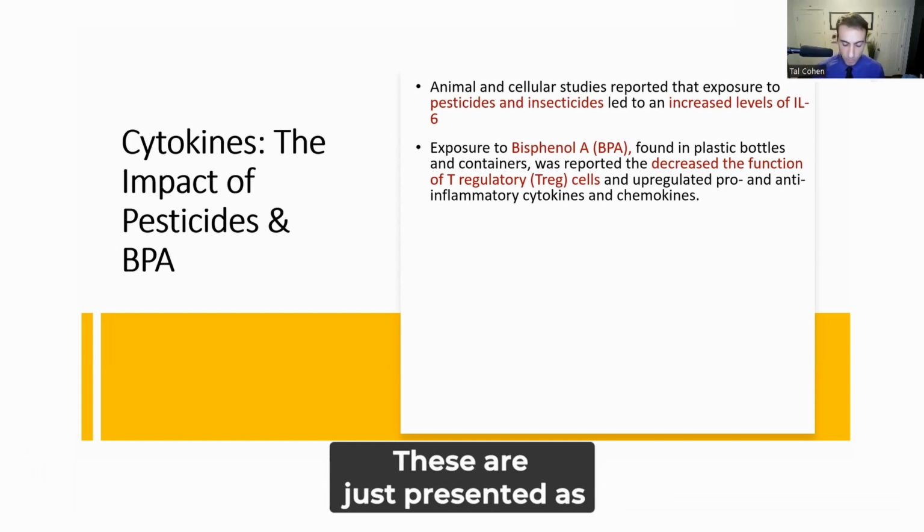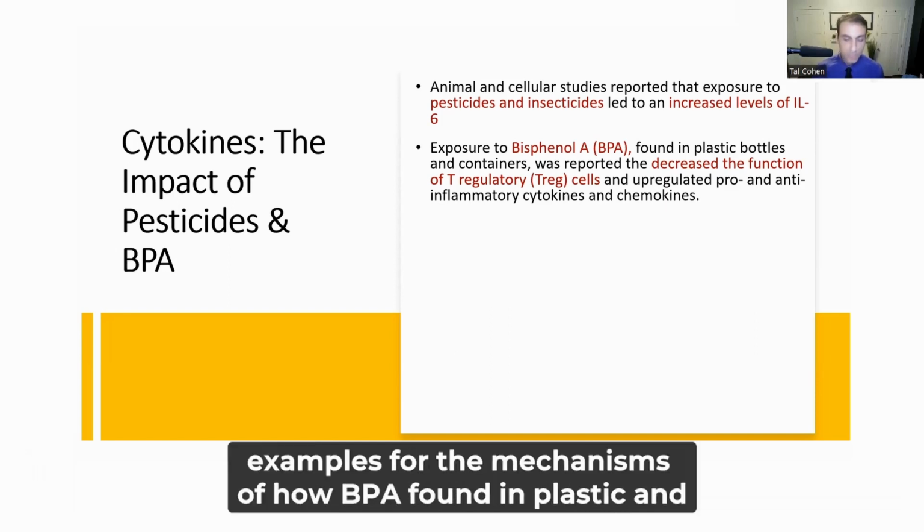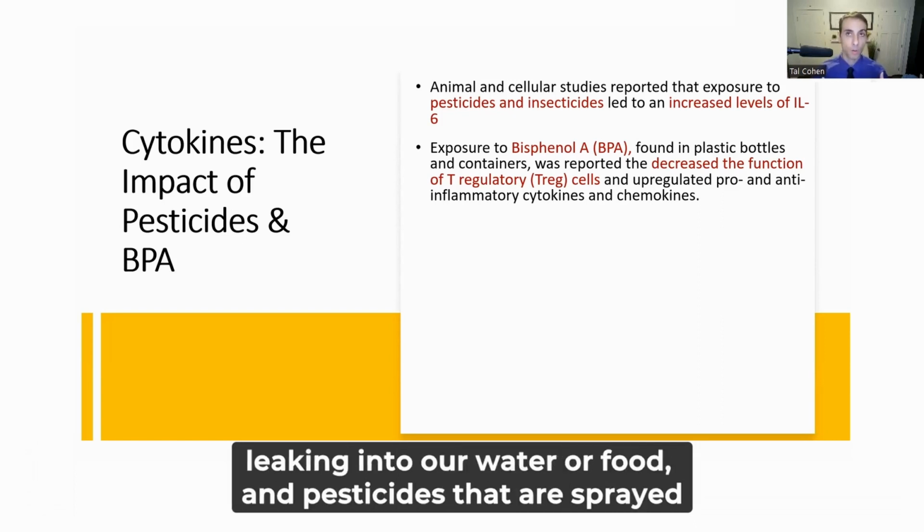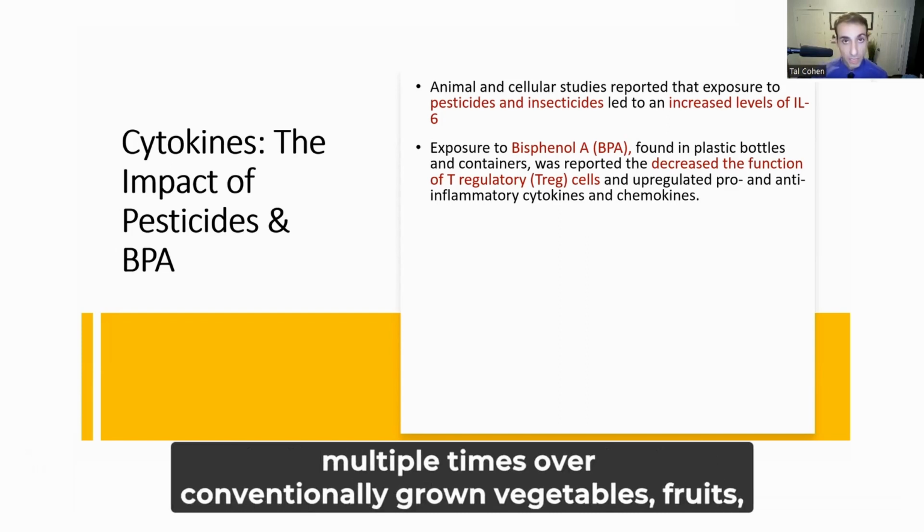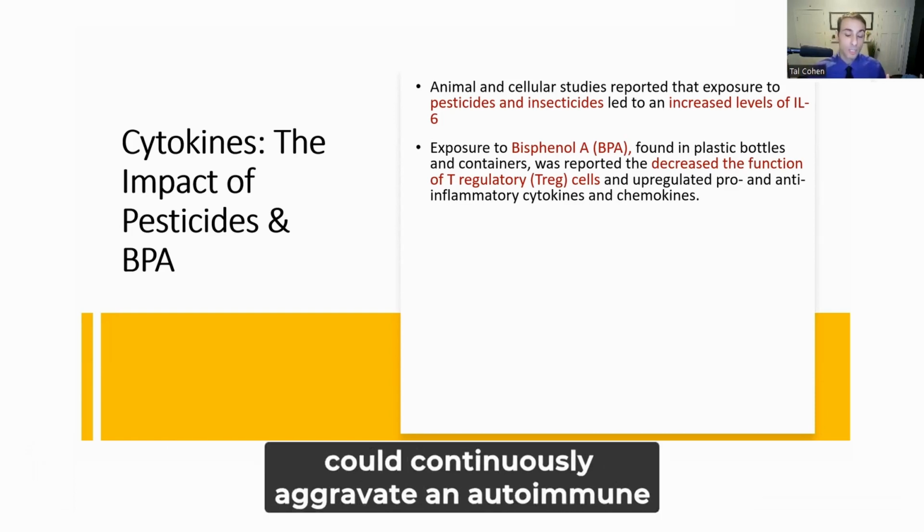These are just presented as examples of the mechanisms of how BPA found in plastic and leaking into our water or food, and pesticides that are sprayed multiple times over conventionally grown vegetables and fruits, could continuously aggravate an autoimmune or inflammatory condition.